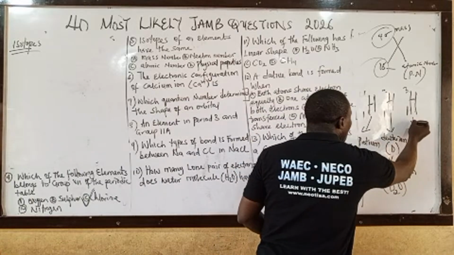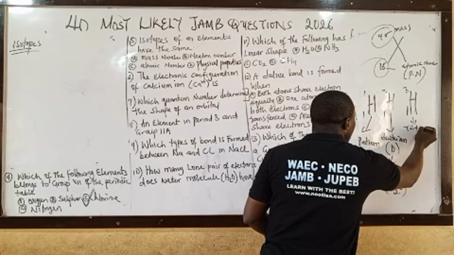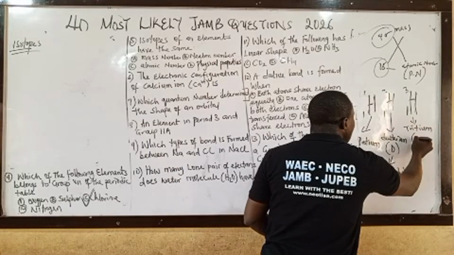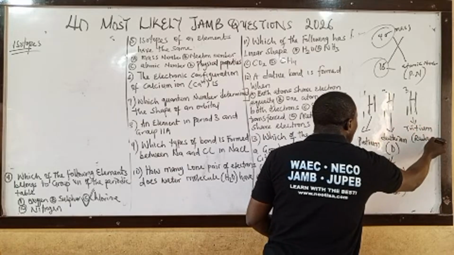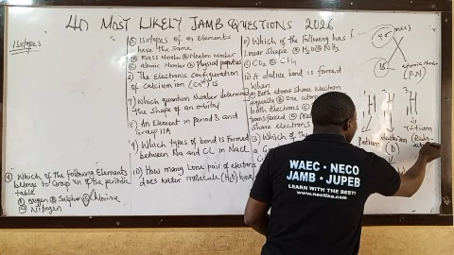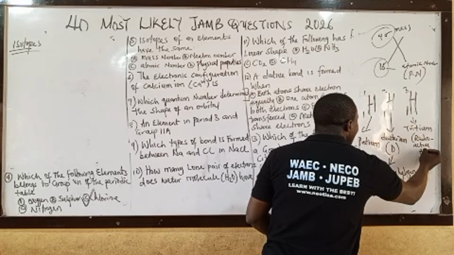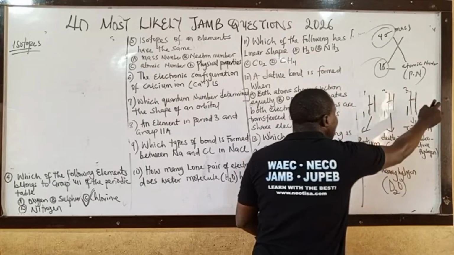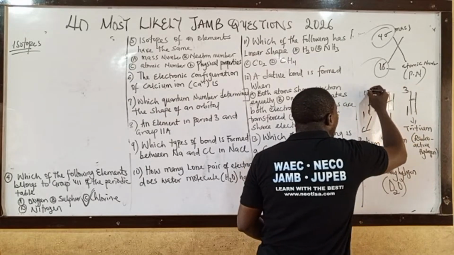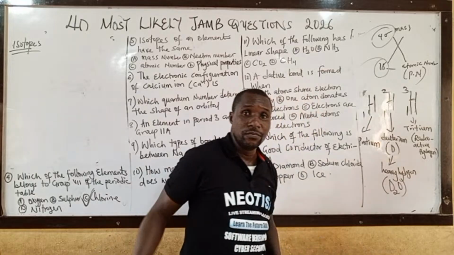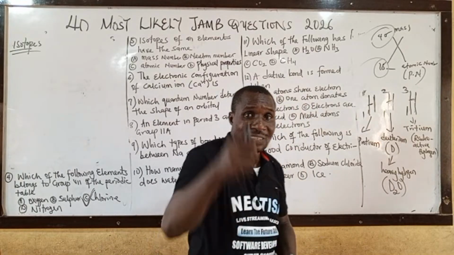And this one is called tritium, that means radioactive hydrogen. These are the three isotopes of hydrogen.